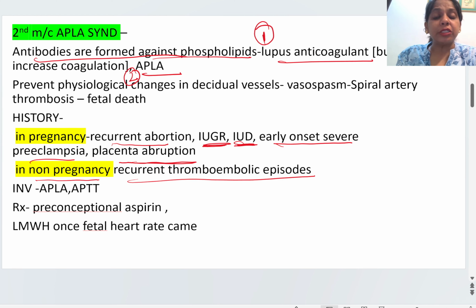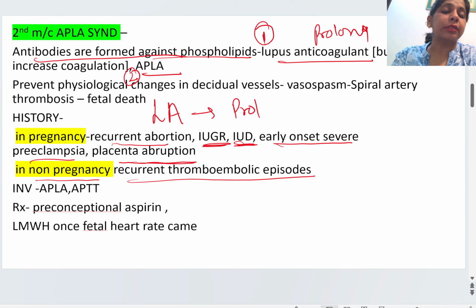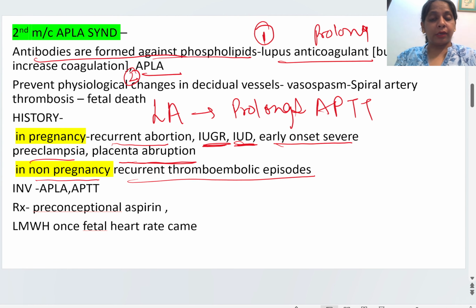The investigations which we do are APLA antibodies and APTT, because lupus anticoagulant prolongs the APTT. So if lupus anticoagulant is formed, then the activated partial thromboplastin time will be increased.